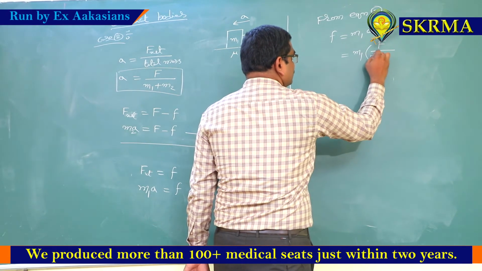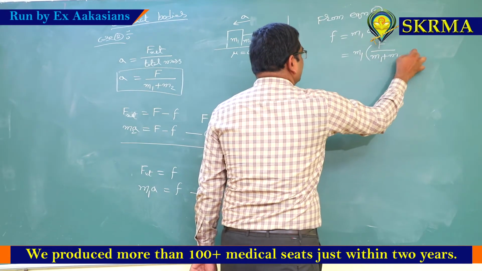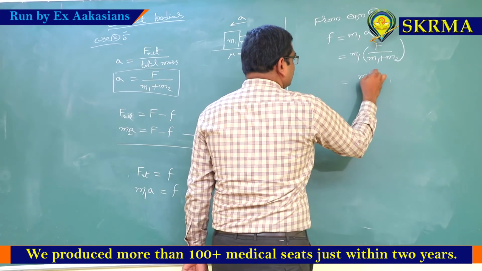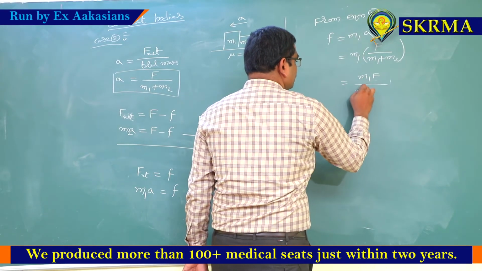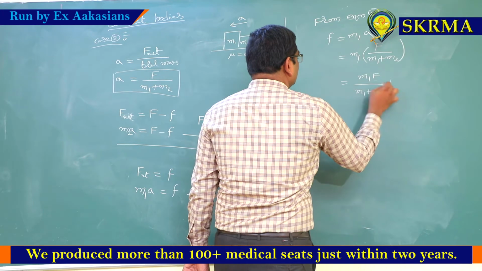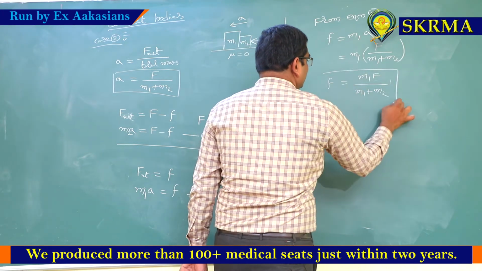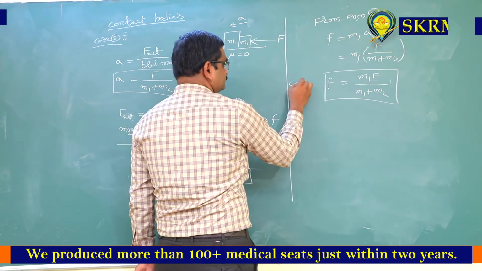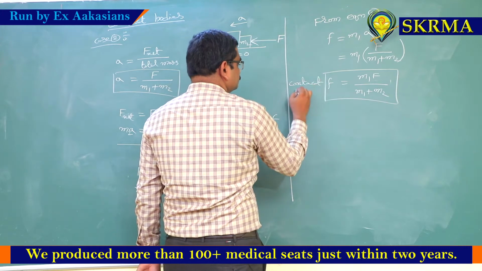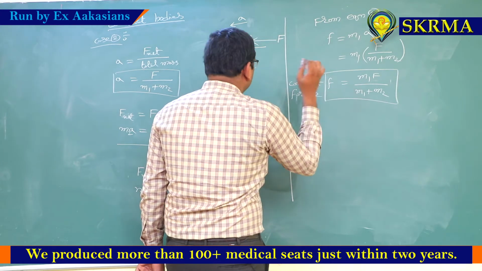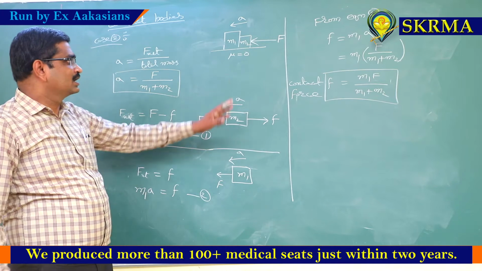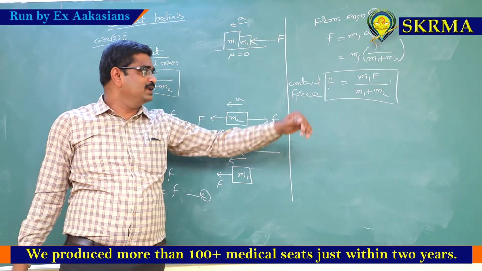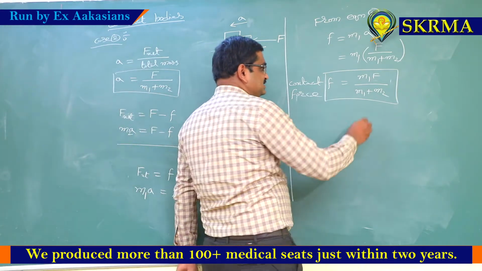F by m1 plus m2, so it is m1 into F by m1 plus m2. This is the contact force in this case. For this type of problem, contact force is m1 into capital F by m1 plus m2.